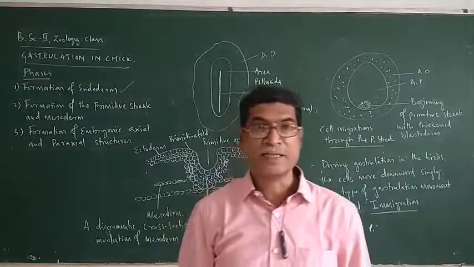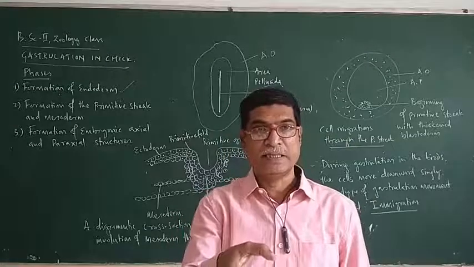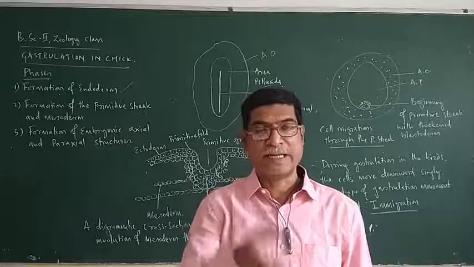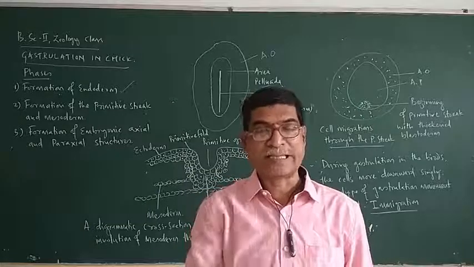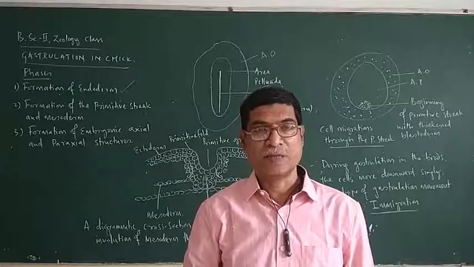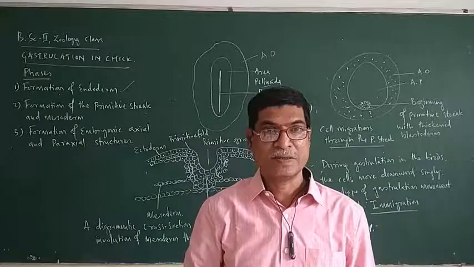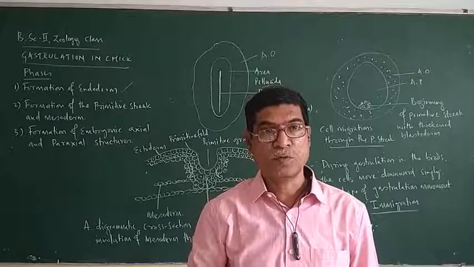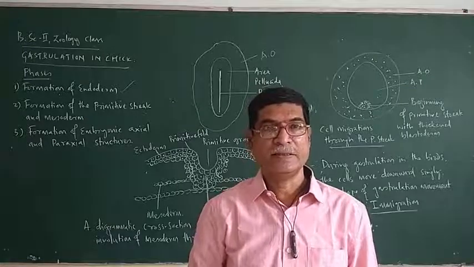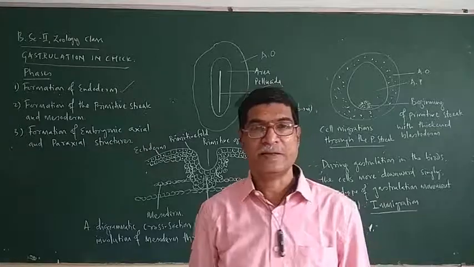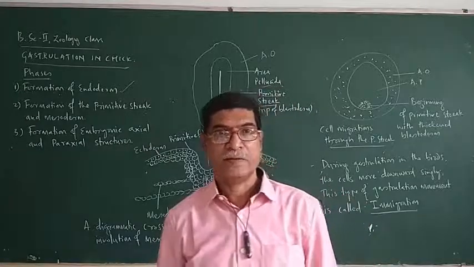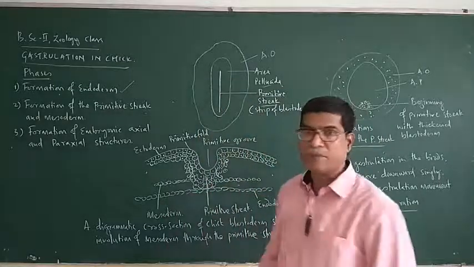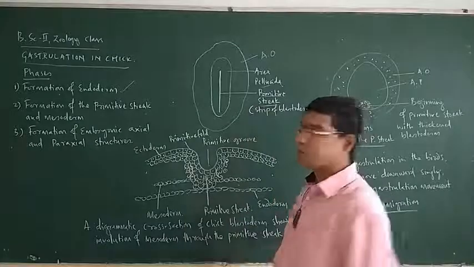So primitive streak is nothing but a thickened strip. This straight strip of thickened cells comes from the epiblast cells, which move from the posterior end towards the anterior end, and that thickened midline of the area pellucida is called primitive streak.